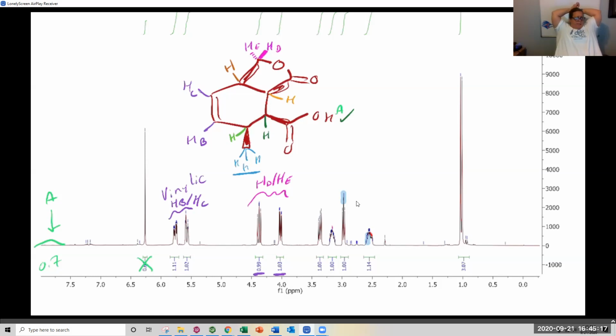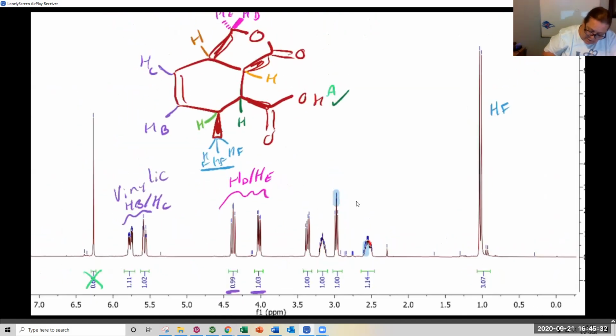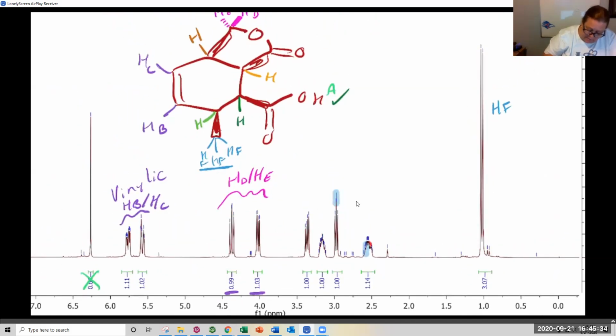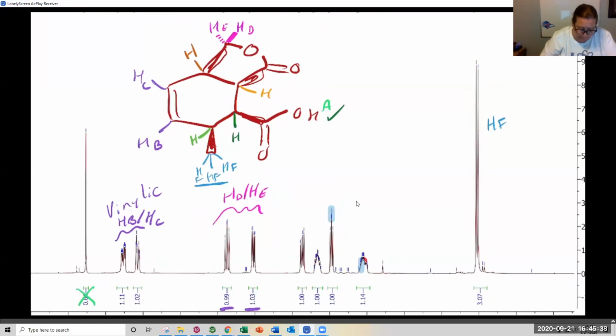And you can see that it's a doublet, right? So this is the CH3. So I'm going to label these F. And I'm going to label these HF, okay? And now I have all of these down here. So this is what I call the cluster.